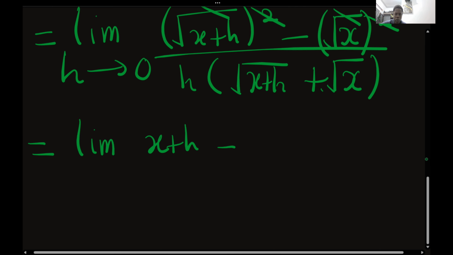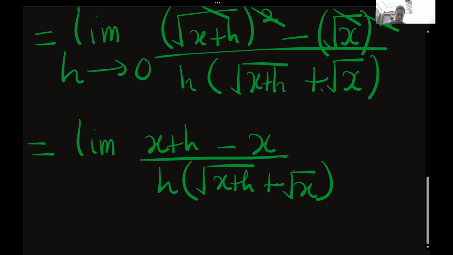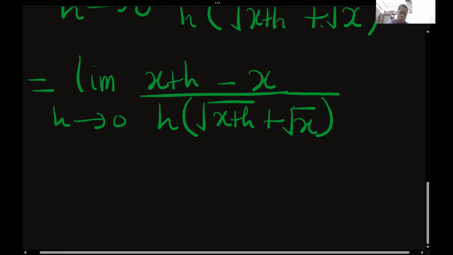So we have only x here, all over h, still multiplying the square root of x plus h plus the square root of x, with the bracket closed, as h approaches 0. So we continue to simplify.